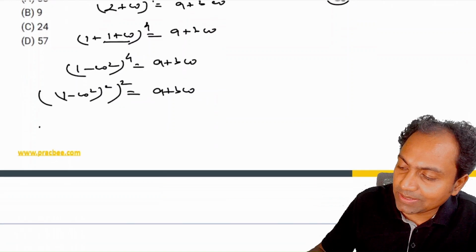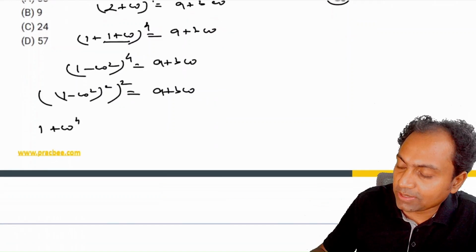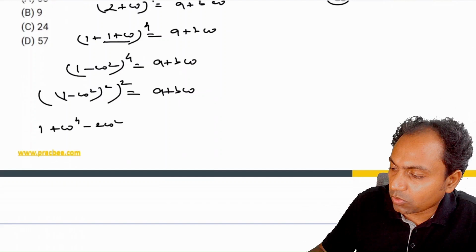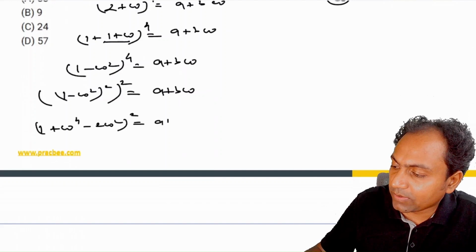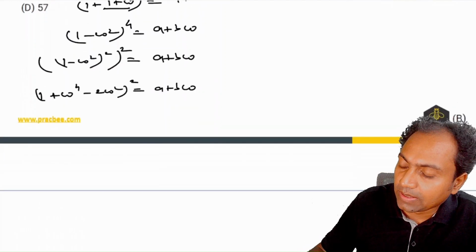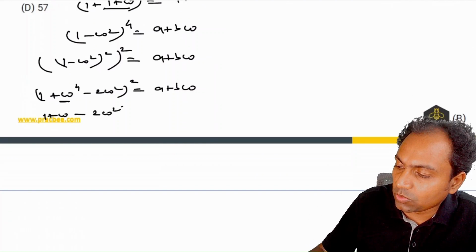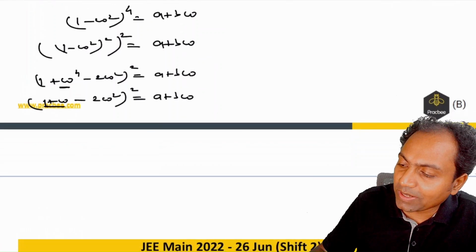And now if I simplify this, this is 1 plus omega raised to the power 4 minus 2 omega square raised to the power 2 is equal to a plus b omega. And omega raised to the power 4 is nothing but omega only. So this is 1 plus omega minus 2 omega square raised to the power 2 is equal to a plus b omega. 1 plus omega can again be written as minus omega square.